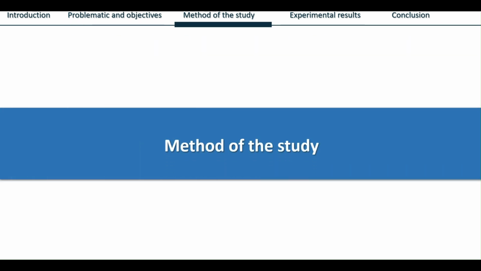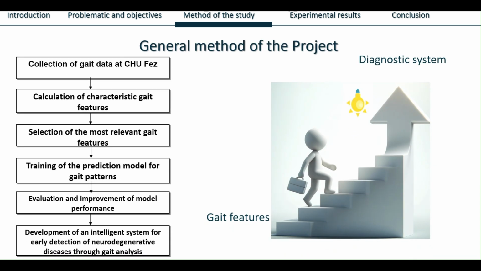Now let's talk about the method of the study. This diagram shows us the step-by-step method that we aim to apply in our project. We start by gathering walking data from people at CHU Fez, and we calculate specific gait characteristics from this data. Then we pick out the most important features for our study.